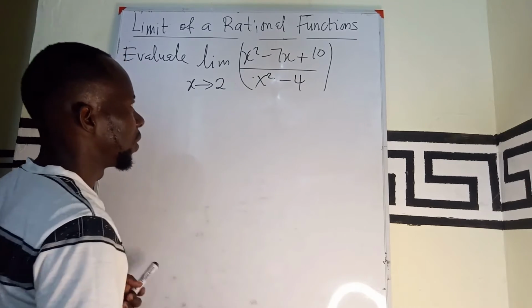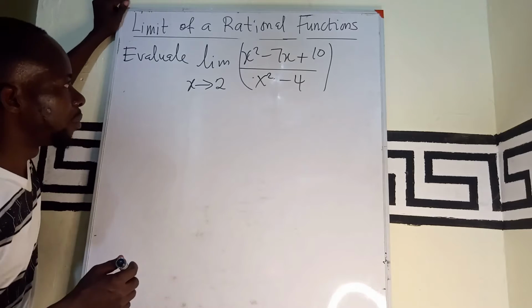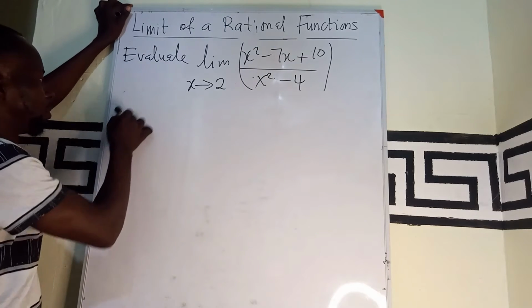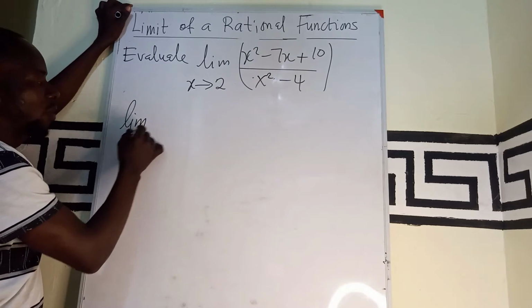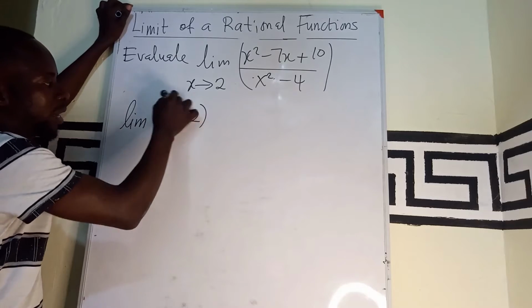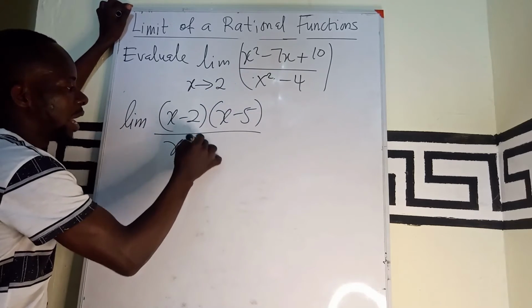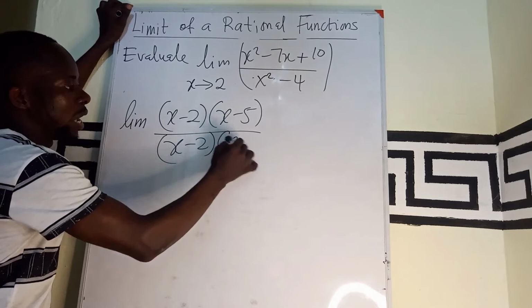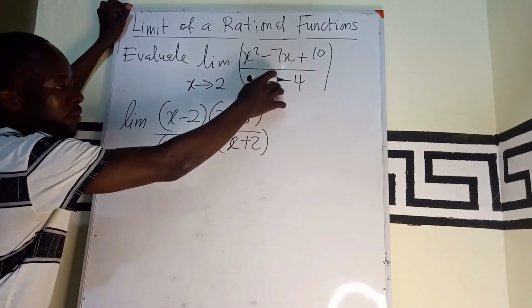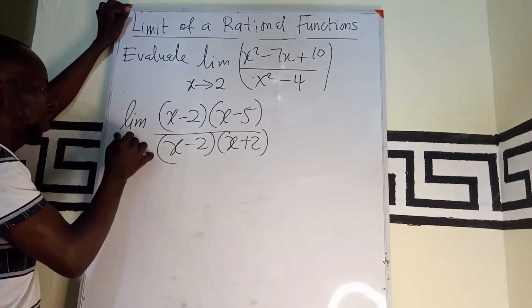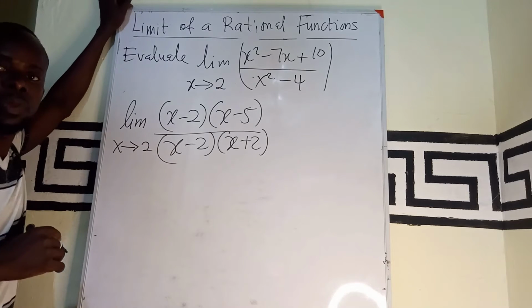So let's expand or simplify further. So this is going to be the limit of (x minus 2)(x minus 5) all over (x minus 2)(x plus 2), as a difference of 2 squares, as x is approaching 2.